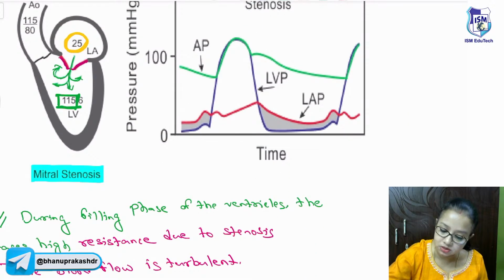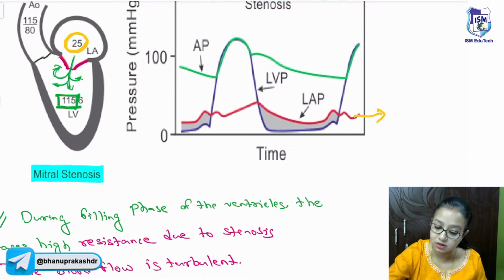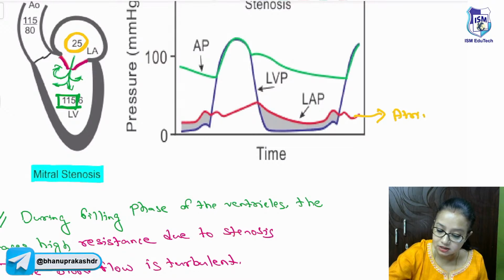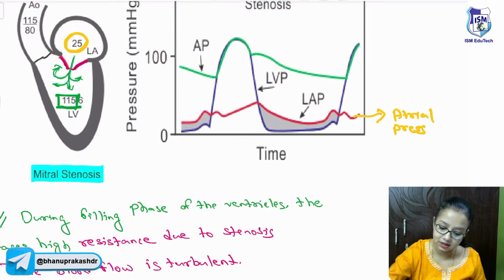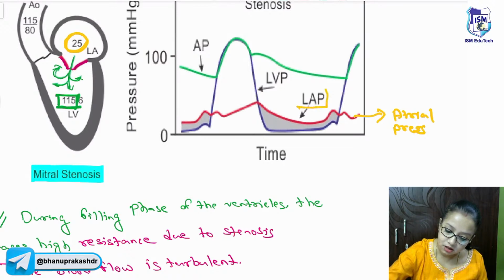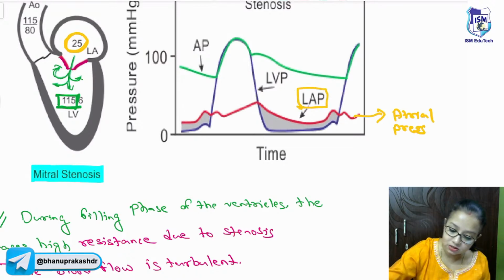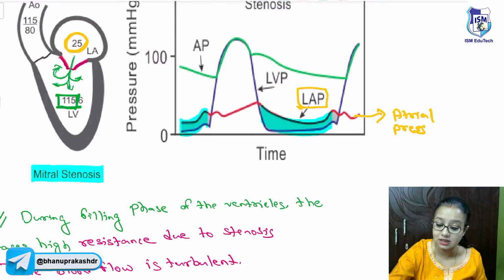So what happens to the JVP waves, or what happens to the atrial pressure? Here, this blue line, as you can see, is supposed to be the normal pressure. Here, the overall left atrial pressure, you can see this gray area. This is the increase in the pressure of the left atrium due to the stenosis.